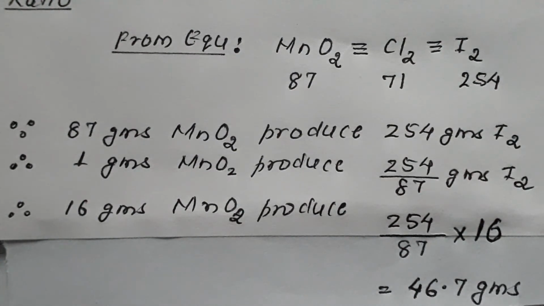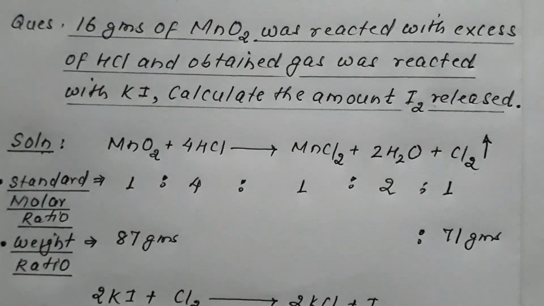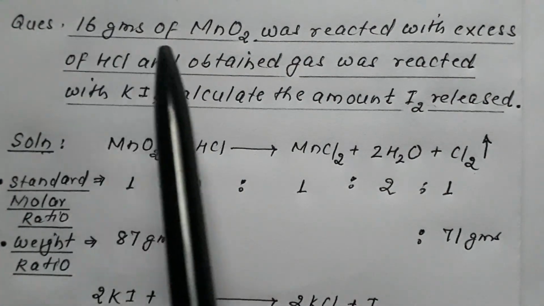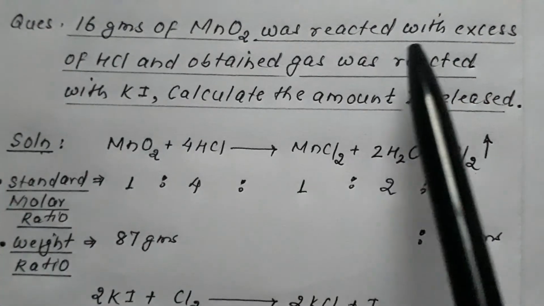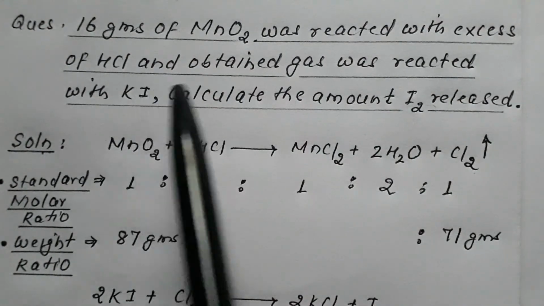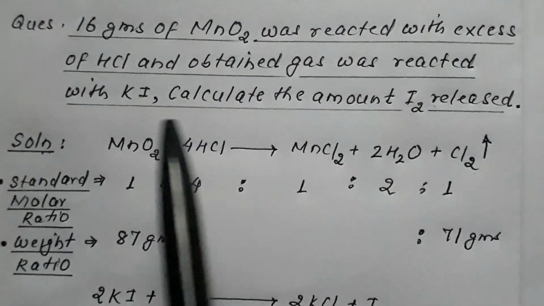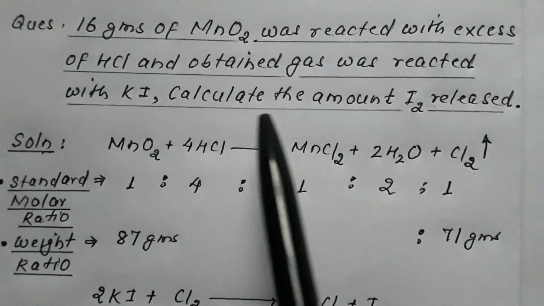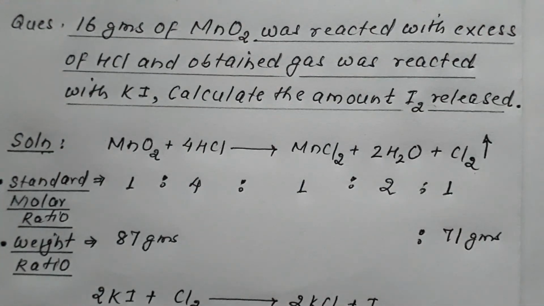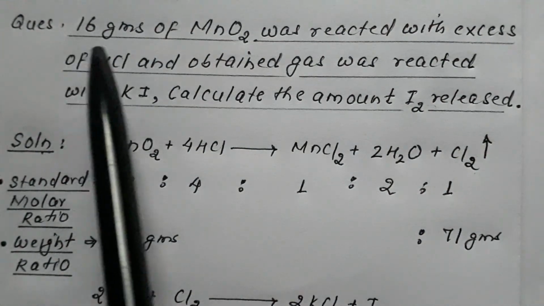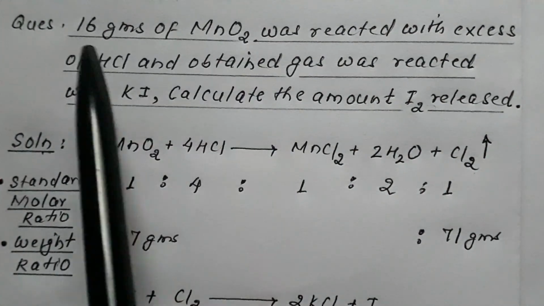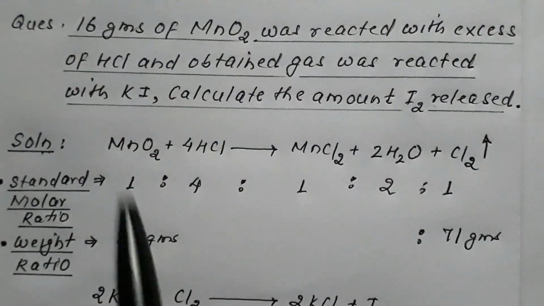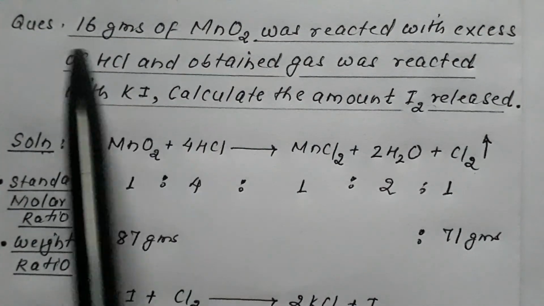Let us again consider the question and relate it with the answer. What is the demand of the question? The question says 16 grams of MnO2 was reacted with excess of HCl and the obtained gas was reacted with KI. Calculate the amount of iodine released. We have calculated how much iodine 16 grams of MnO2 will produce.